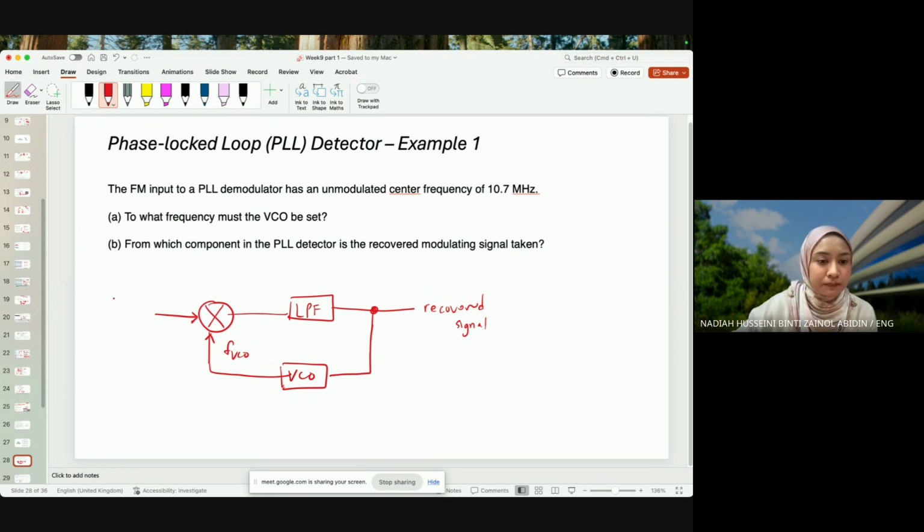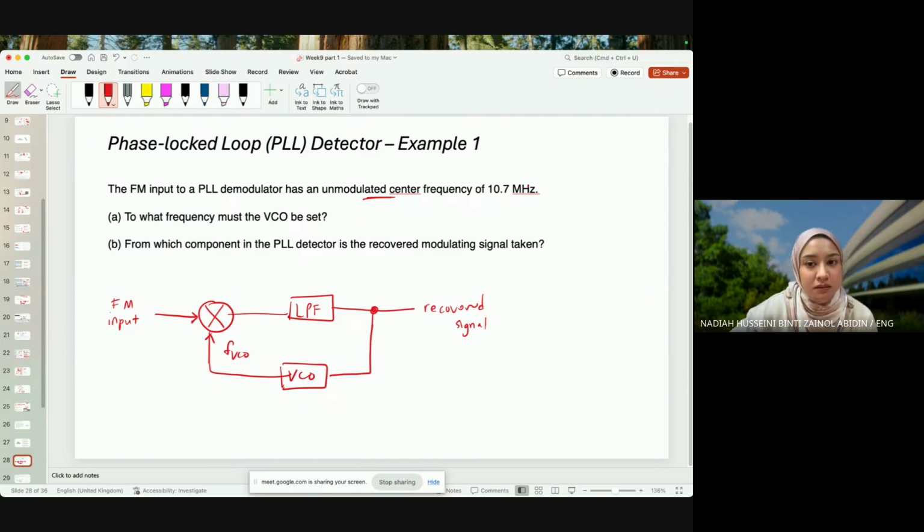FM input. Okay. So the FM input to a PLL demodulator has an unmodulated center frequency of 10.7 megahertz. To what frequency must the VCO be set?